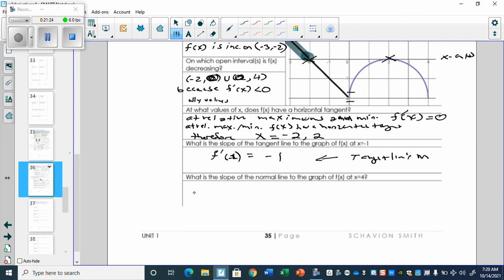The perpendicular slope is going to be 1 over that tangent line's slope, and this is the correct notation. So 1 over, let's go find 4. It's right here, and we have -2. So the slope is -1/2. Pretty straightforward.